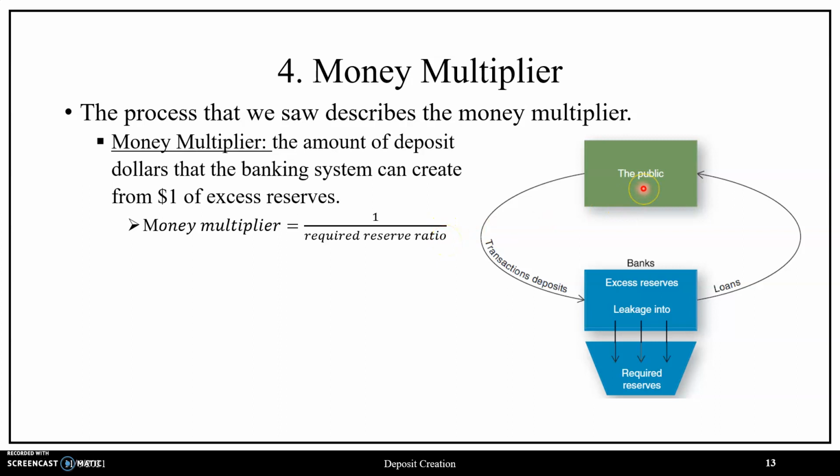And the process that we have here, given our circular flow on the right, is that the public starts out with some cash on hand, consumers or firms. They then make a deposit to the bank. This deposit adds to their total reserves, which expands their required reserves as well as their excess reserves. With an addition of excess reserves, the bank can make an additional loan to a consumer or firm, who now has additional transaction account balances, which they can choose to take out and spend at another firm or with another agent.